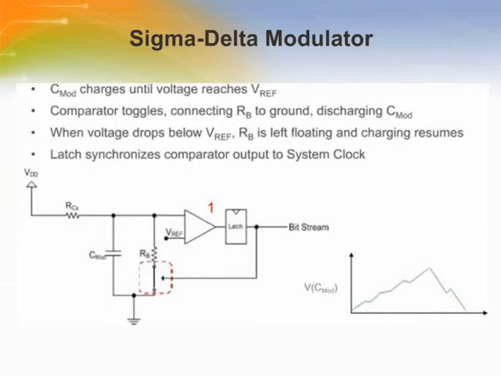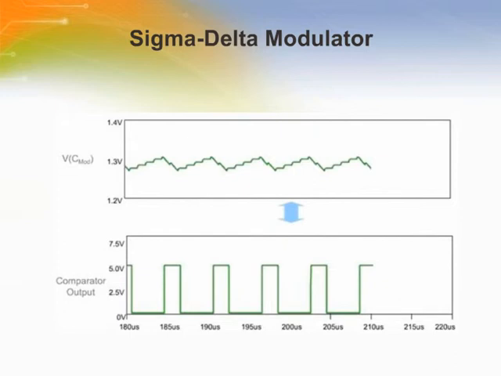The bleed resistor will allow CMOD to discharge until the voltage drops below VREF. Once the voltage across CMOD falls below the VREF, the comparator goes low and disconnects the bleed resistor. So if we look at the voltage across CMOD versus the output of the comparator, it will oscillate at a certain frequency and duty cycle.